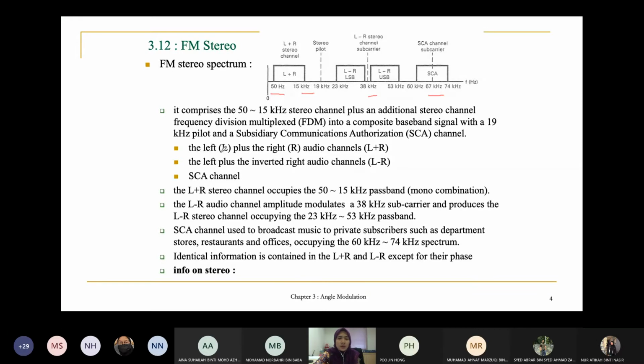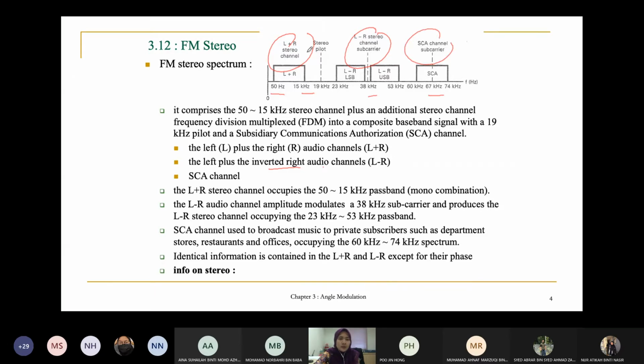So you can see that we have the left plus the right audio channel. This is the left plus right audio channel. This is the left plus inverted right audio channel. And we also have the SCA channel.